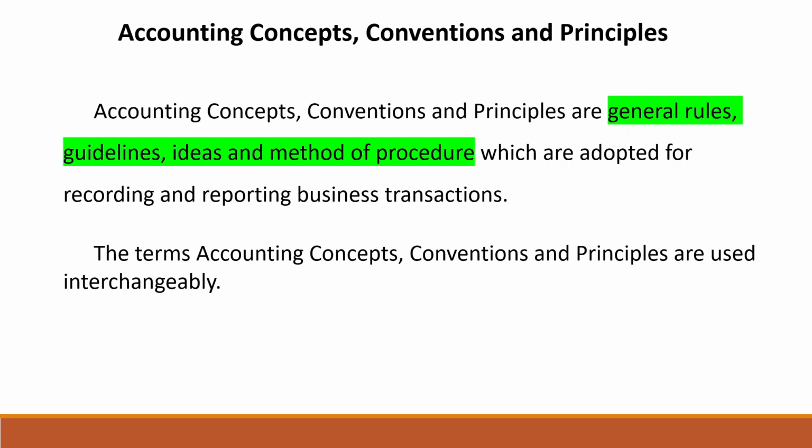To have general acceptability, uniformity, and consistency in accounting records, it is necessary that records are based on certain rules, guidelines, principles, and concepts. Right. So, because of this, these basic accounting concepts, conventions, and principles are very important while recording a business transaction.